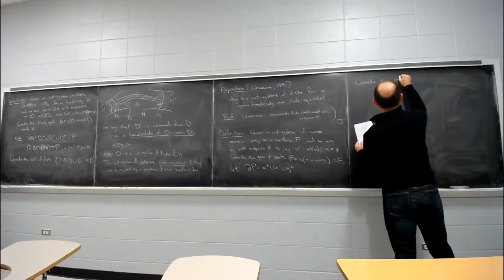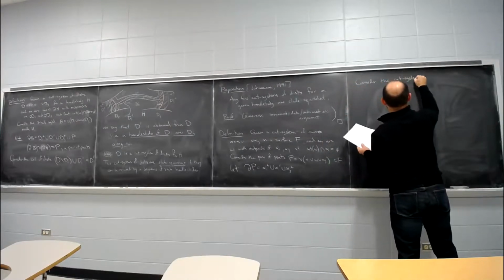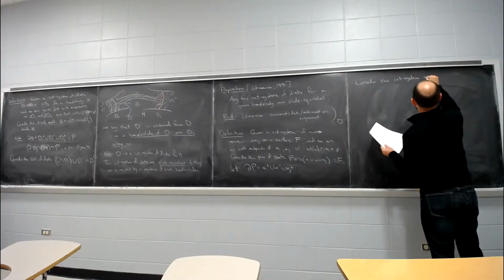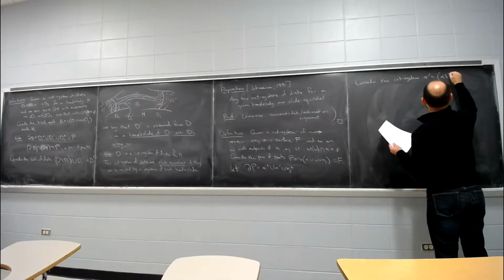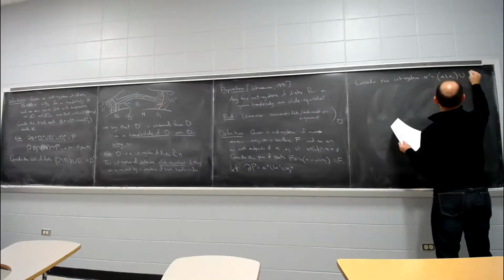Consider the cut system. I'm just going to claim it's a cut system, alpha prime, that we get by taking alpha, throwing away alpha I, and adding alpha I prime.